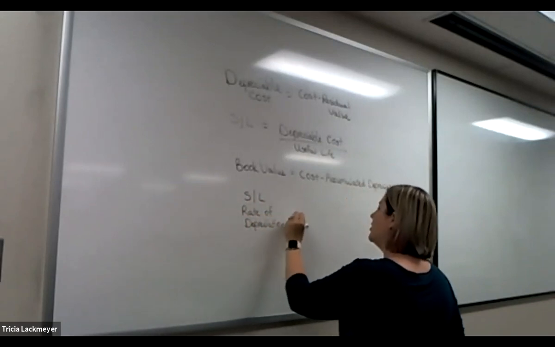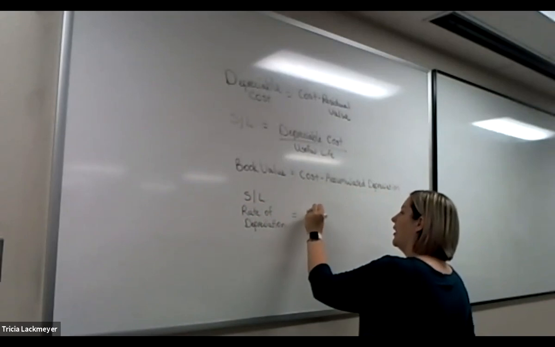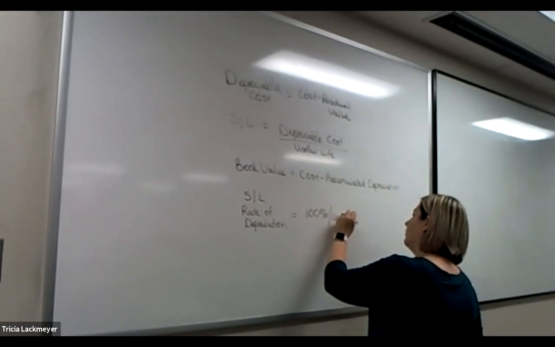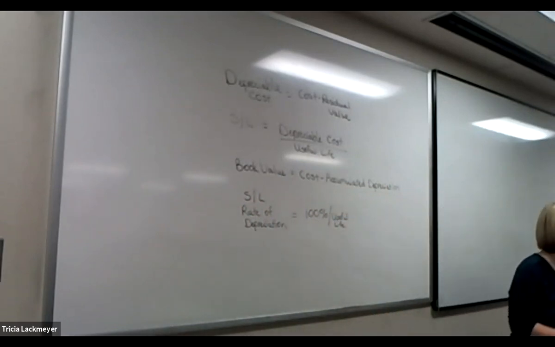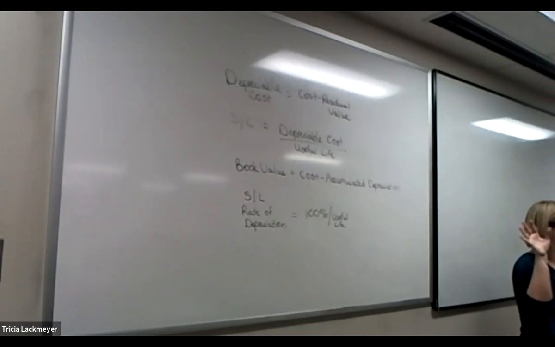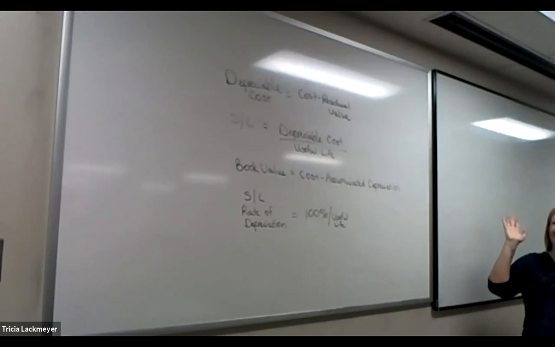So if it was 10 years, it'd be 10%. 5 years, it'd be 20%. We use that in the double declining balance formula. Remember, we double that. But if you see it when you're calculating straight line depreciation, don't freak out, just calculate it.